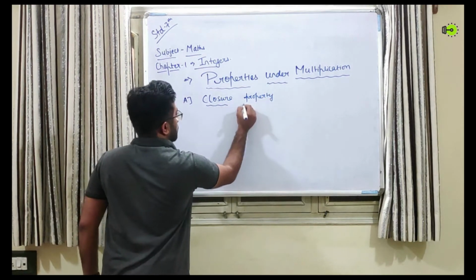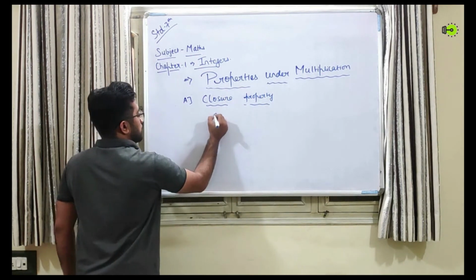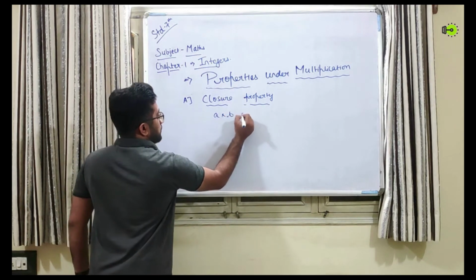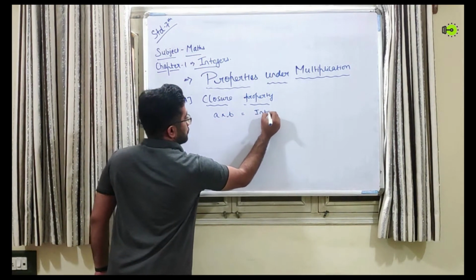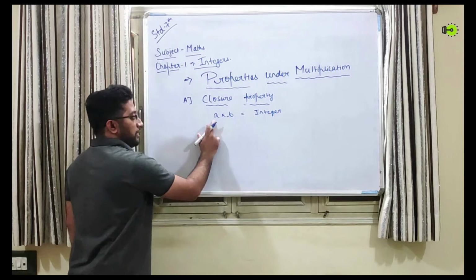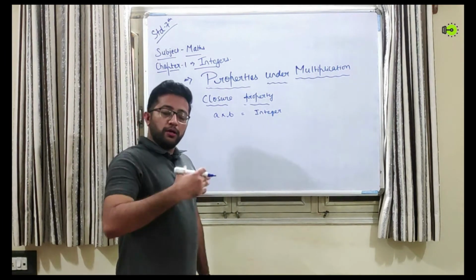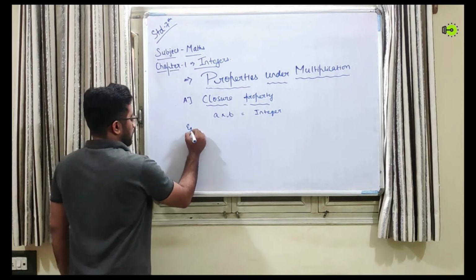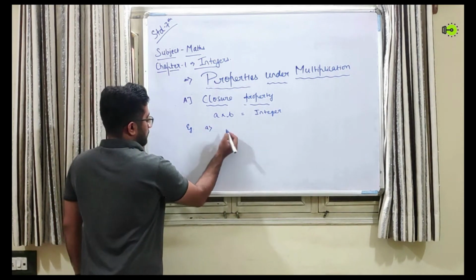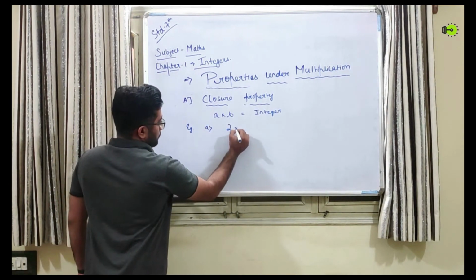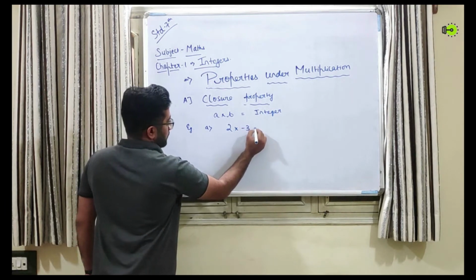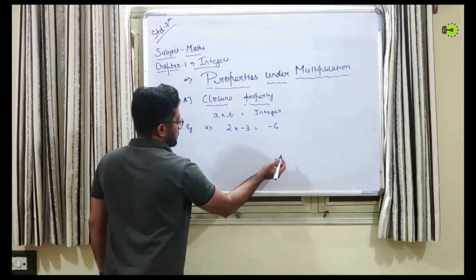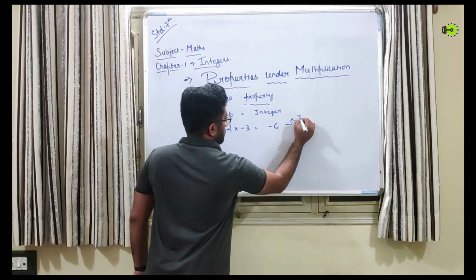As per the closure property, a into b is also an integer. If a and b are integers, under multiplication the product will also be an integer. Let us take an example. If I multiply 2 with minus 3, my answer will be minus 6, which is an integer.